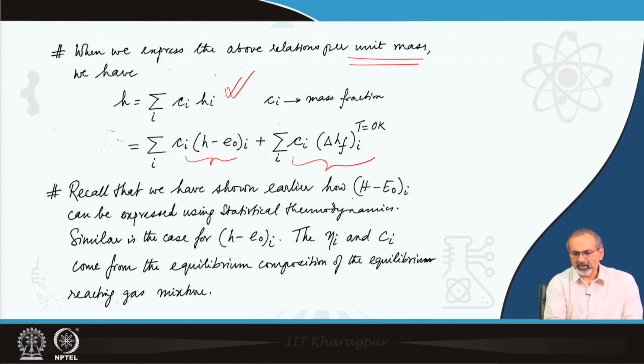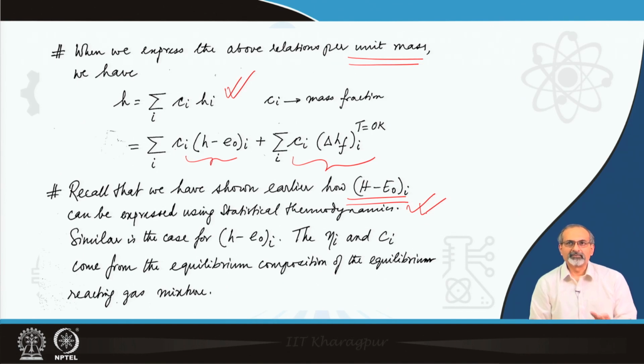Recall that we have shown earlier how H minus E naught for every species can be expressed using statistical thermodynamics. We had an expression which explicitly showed that form in the previous lecture. You can revise it once more if you want.